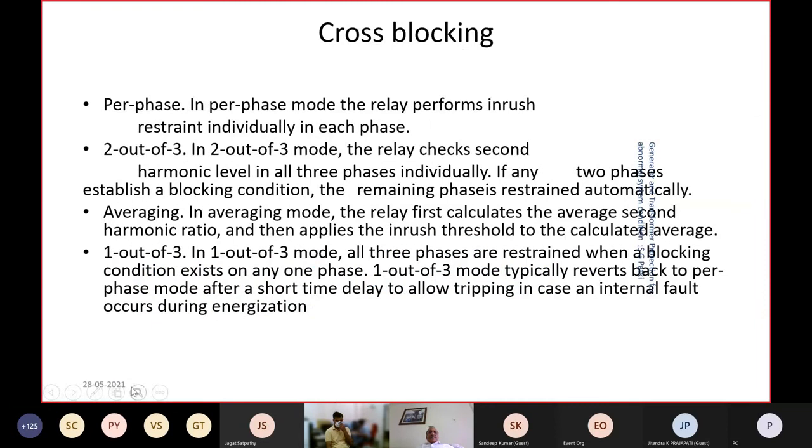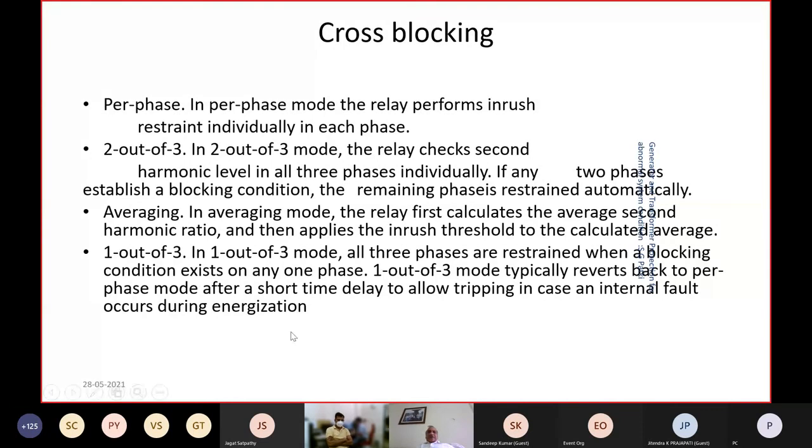So it is basically per phase measurement, per phase analysis of the second harmonic, and sometimes you also use 1 out of 3 or 2 out of 3 mode to detect the presence of second harmonic.